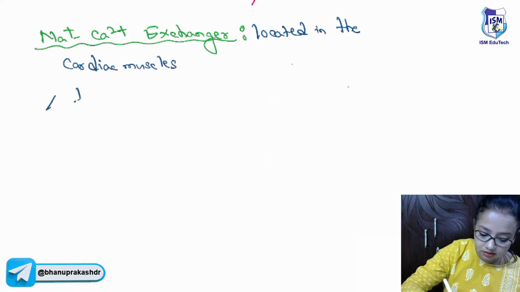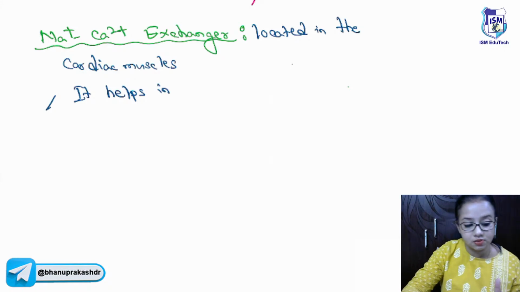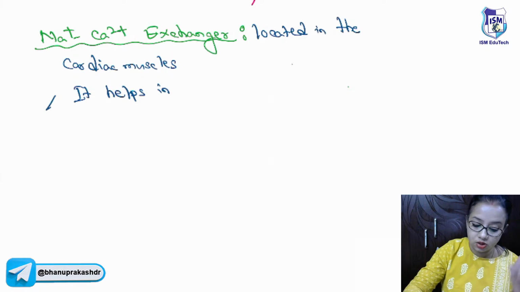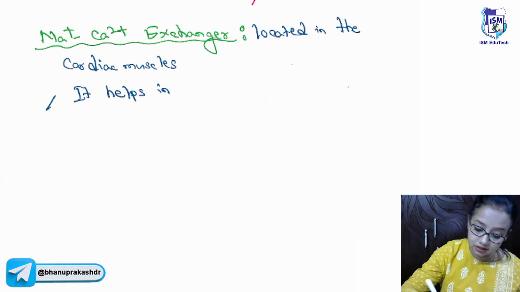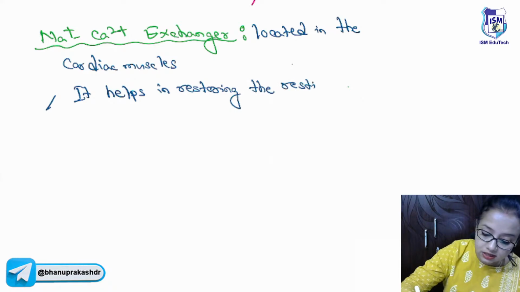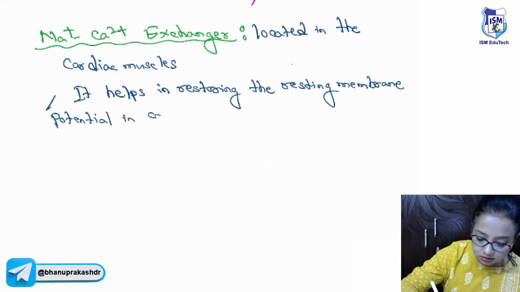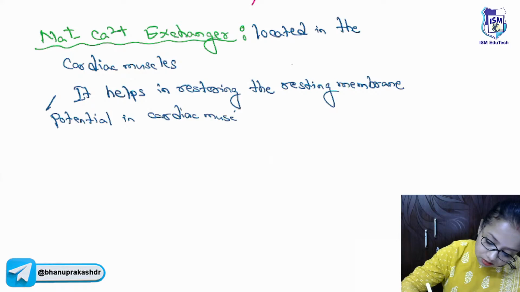It helps in a very easy way, because when we study the cardiovascular system, we will study all this mechanism in detail. So right now, how to remember: it helps in restoring the resting membrane potential in cardiac muscles.